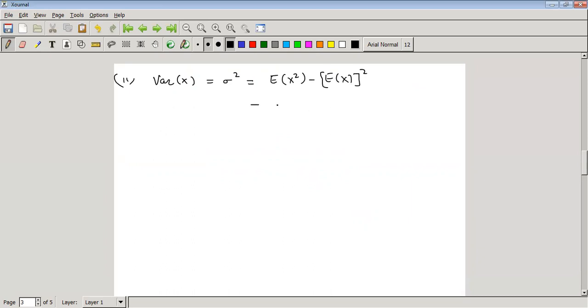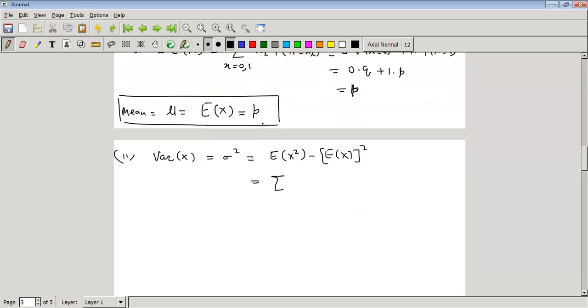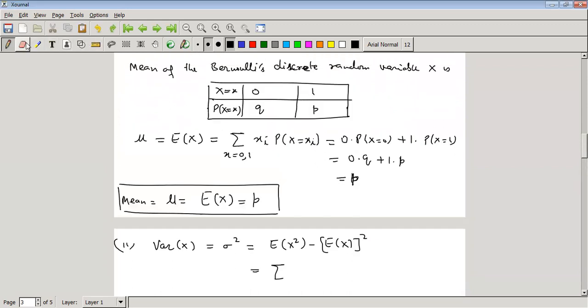And that is equal to summation, i equal to 0, where this is our x0 and this is our x1.